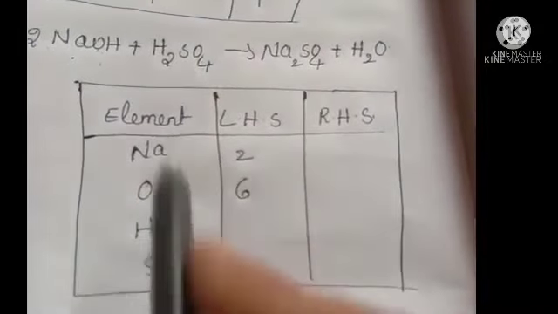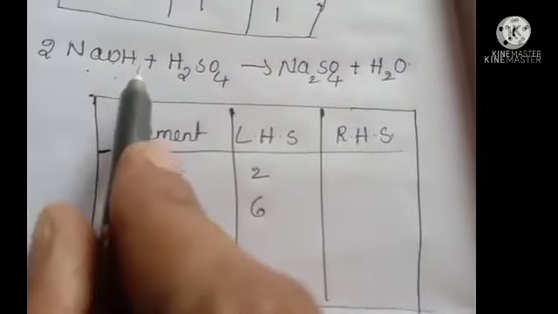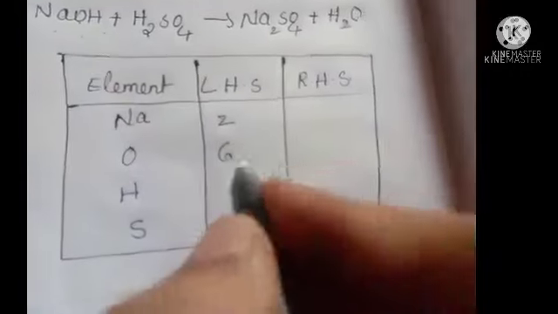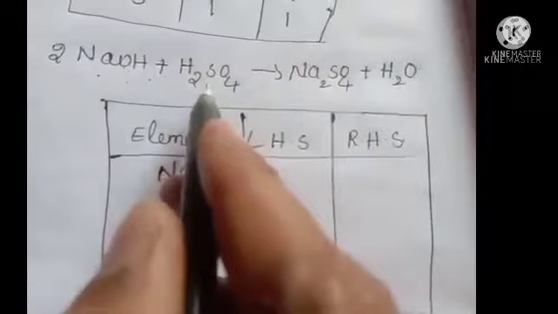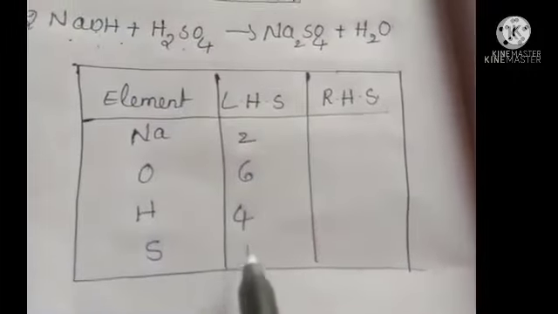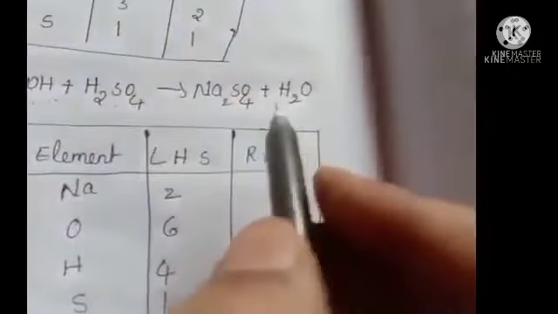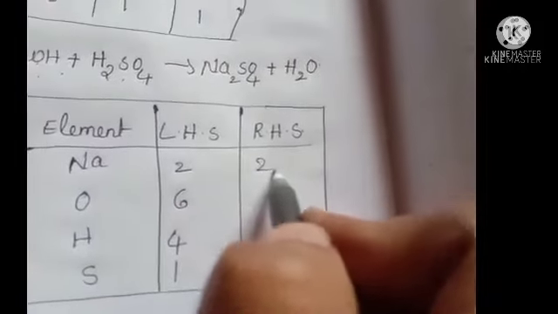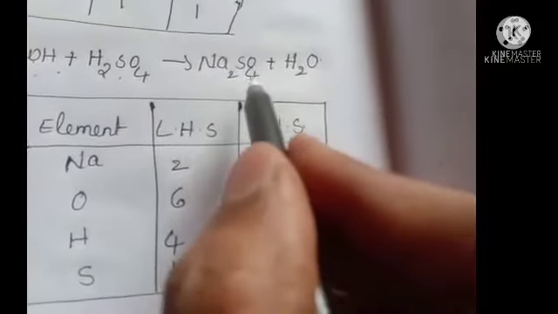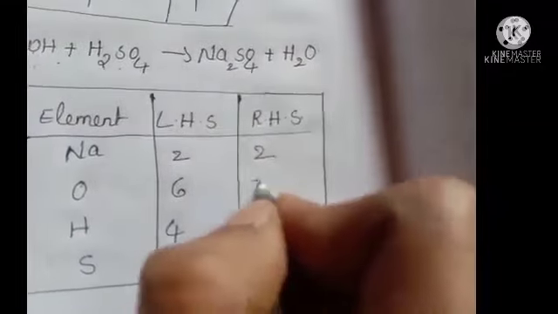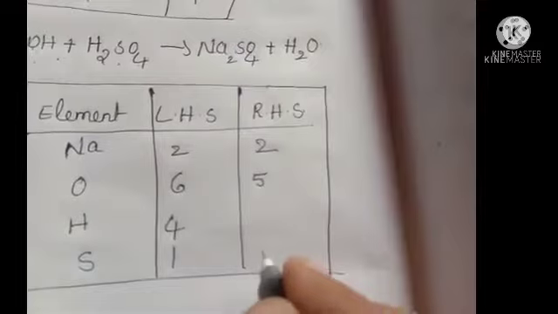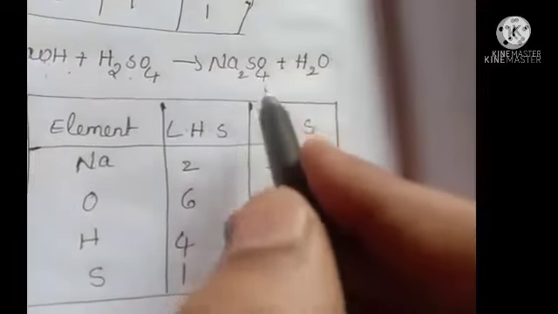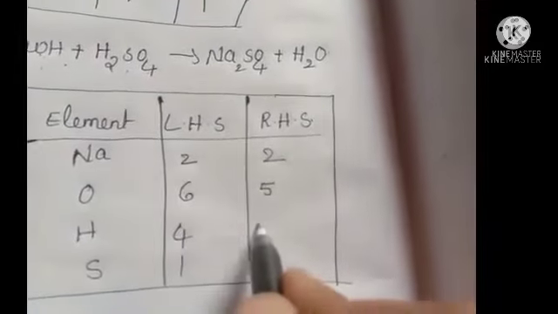Next, hydrogen 2 into 1, 2 plus 2, total 4 hydrogen. Lastly, sulfur 1. Then on the right side, sodium is 2, oxygen 4 plus 1, 5, sulfur 1, hydrogen 2.